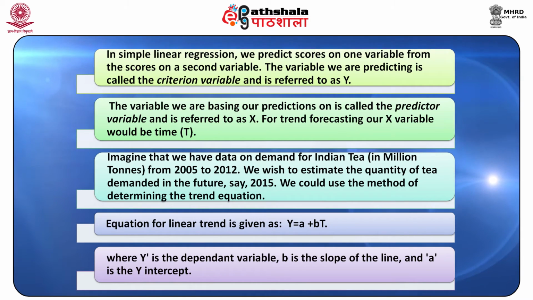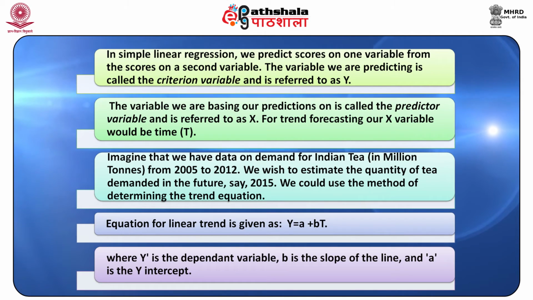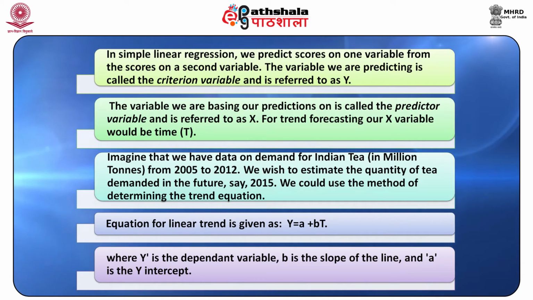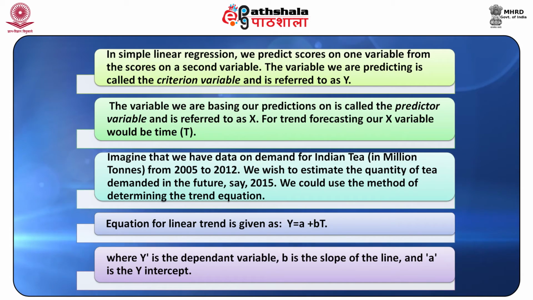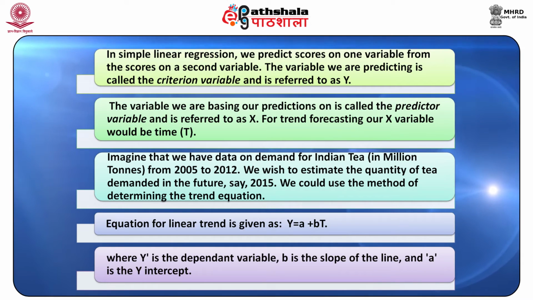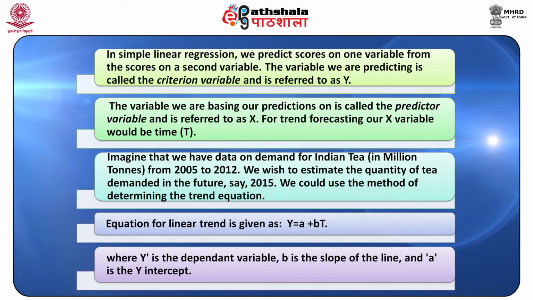Imagine that we have data on demand for Indian tea in million tons from 2005 to 2012. We wish to estimate the quantity of tea demanded in the future, say 2050. We could use the method of determining the trend equation. Equation for linear trend is given as y is equal to a plus b into t, where y is the dependent variable, b is the slope of the line and a is the y-intercept.